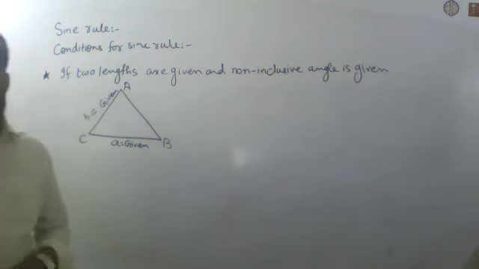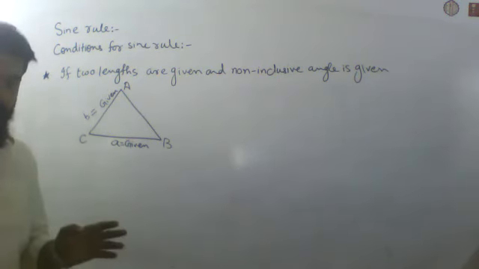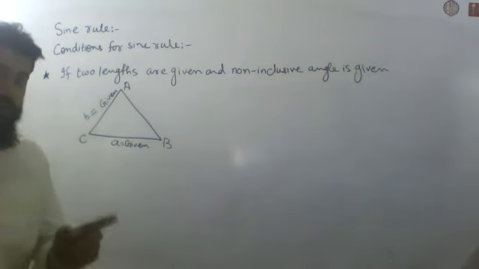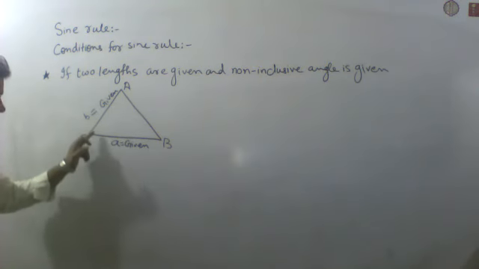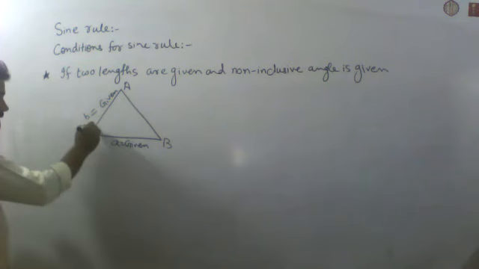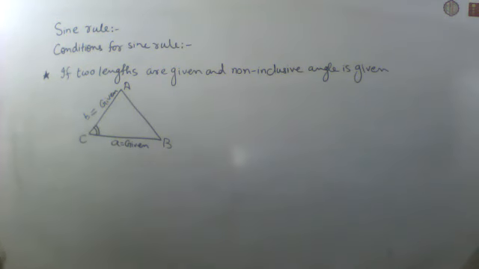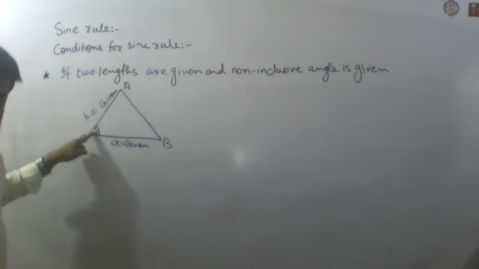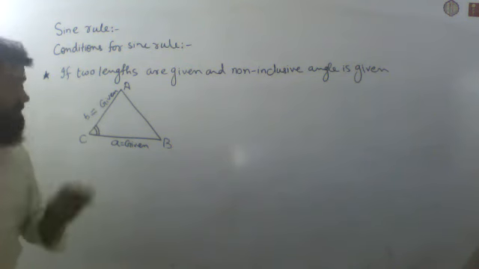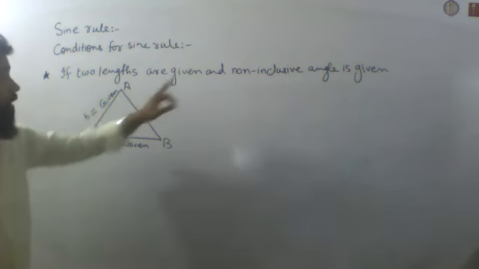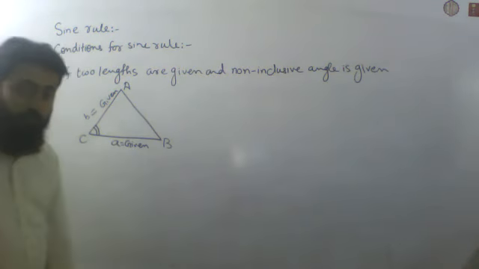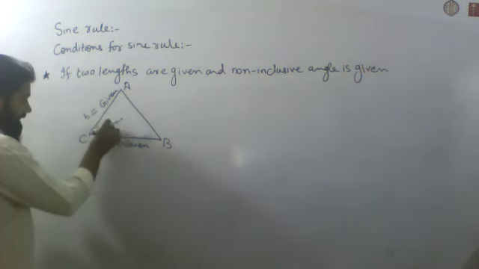So now, when will I apply sine rule? I should have a non-inclusive angle. The inclusive angle is where these two sides are meeting. Where this line and this line are intersecting, this is called the inclusive angle. For sine rule, two lengths should be given, and a non-inclusive angle should be given. This is the inclusive angle, so I don't want this one.